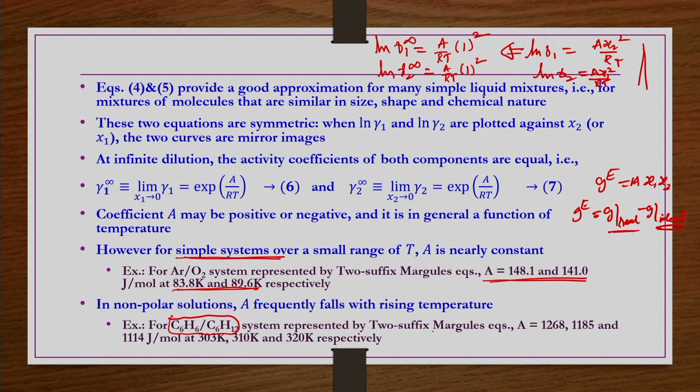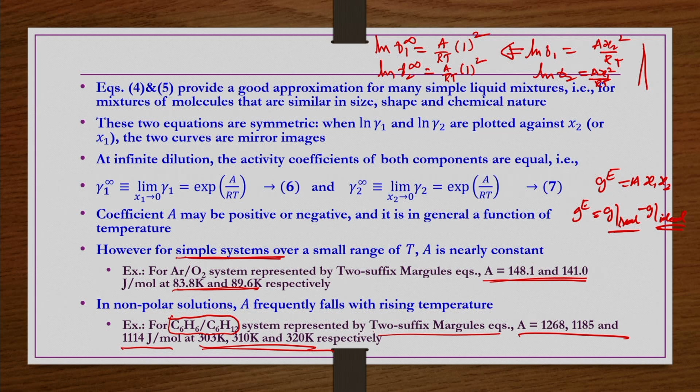If you obtain the molar excess Gibbs energy of the benzene and cyclohexane liquid system, and then mathematically represent it by the 2 suffix Margules equation, having GE equals A x1 x2 form, then that constant A is going to decrease with temperature, as the temperature increases from 303 Kelvin to 320 Kelvin, A is decreasing from 1268 to 1114 joule per mole, right.